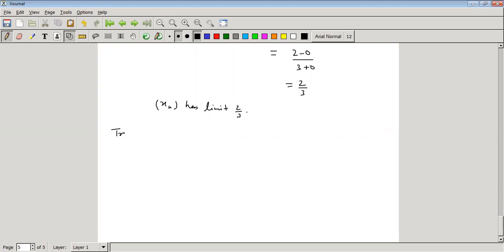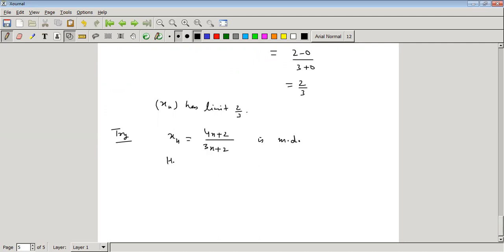Now try this question. x_n is equal to (4n plus 2) divided by (3n plus 2). Is it a monotonically increasing sequence, or a monotonically decreasing sequence?